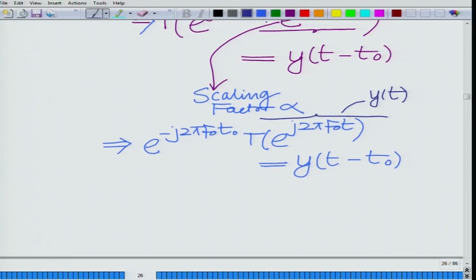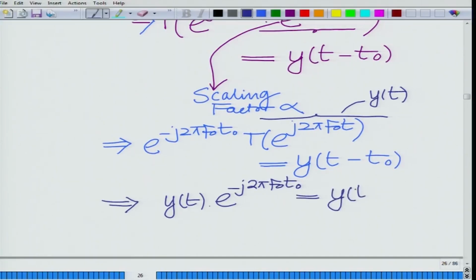So what we have is y of t times e to the power of minus j 2 pi f naught t naught equals y of t minus t naught, and this holds for all t, t naught.